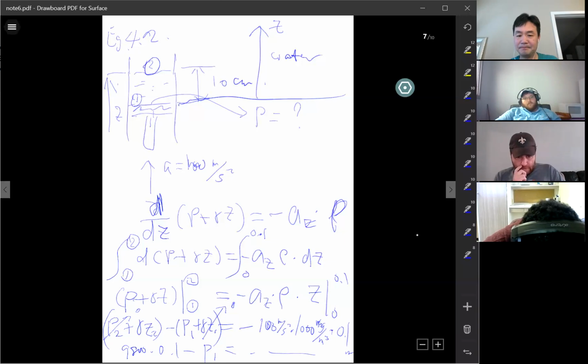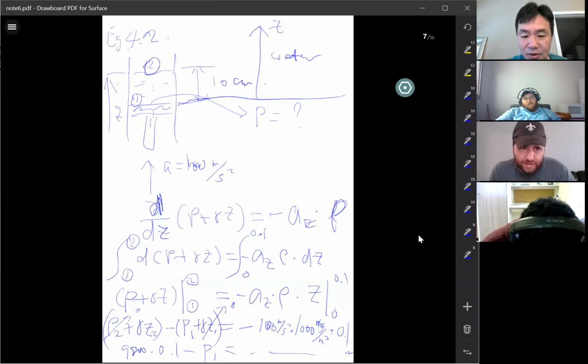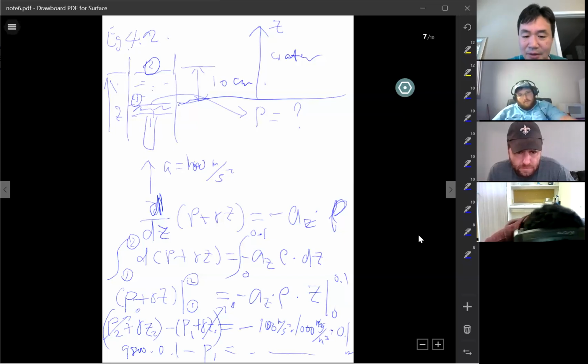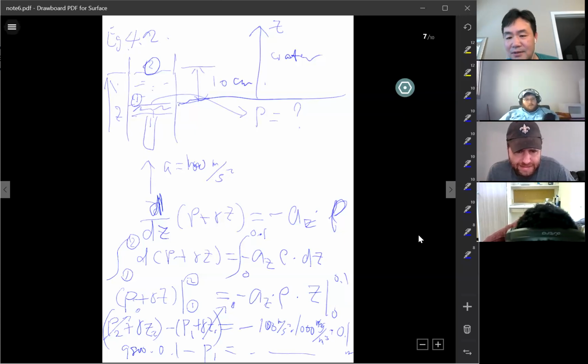Before you go, is p1 equal to 980? I don't know the value yet. You know everything in the right-hand side, right? And everything in the left-hand side is also given except p1, so you should be able to calculate. Is that 9800 times 0 minus p1?